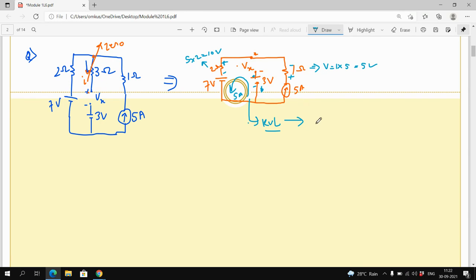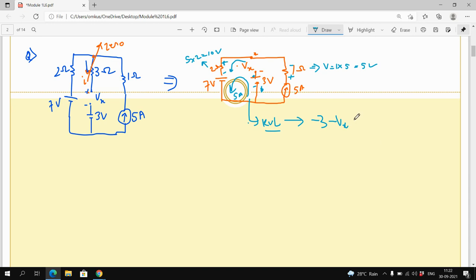So apply KVL here. I will take the first terminal as the first polarity in KVL. What is the first polarity? It is negative, so minus 3 volt. What is the first polarity of Vx? It is minus Vx. Now see, in this loop, what is the first polarity of this? Positive. So what is the voltage?